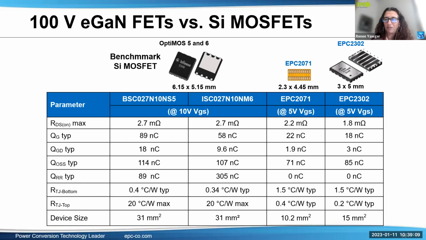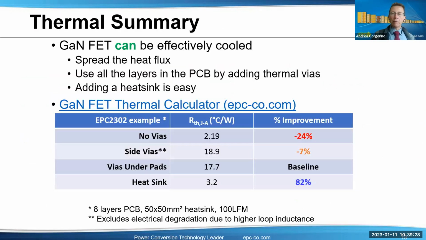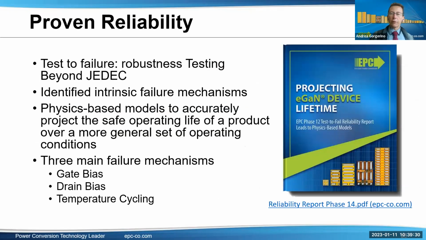What kind of metal are you using on top of the EPC2305, the QFN? Is it solderable? Yes. Okay. Can you show or give a link where the application of underfill is shown? So I think the most information on underfill is shown in the reliability report.